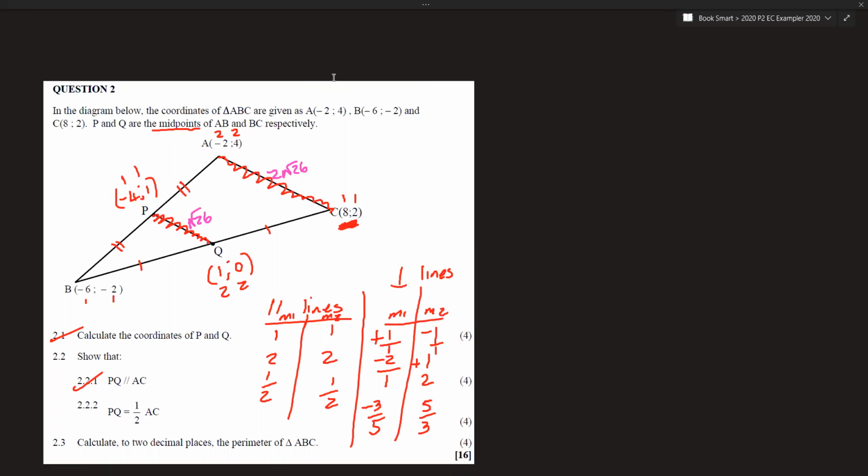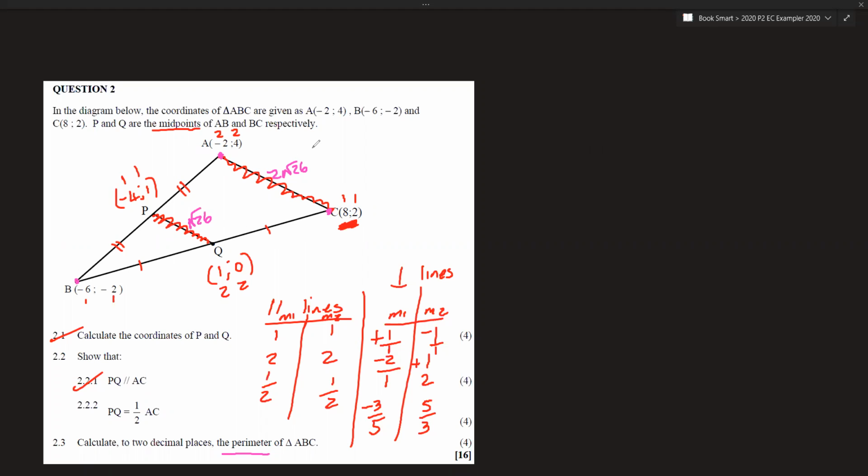So on 2.3, they want us to calculate the perimeter of triangle A, B, C. So they want us to calculate the total length basically here, no? The total length there. Makes sense.